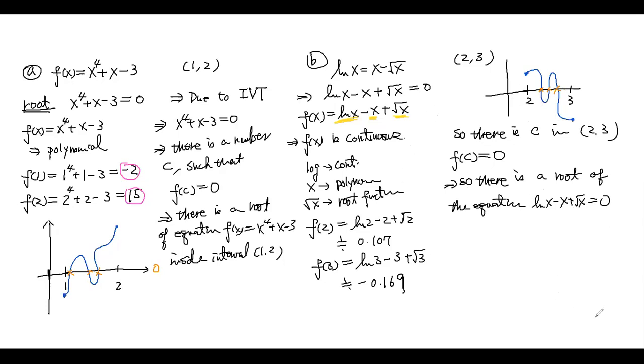So let's take a look at a couple of others, and then I think you will be very familiar with this and feel very comfortable doing this type of problem using the Intermediate Value Theorem. Okay, so this is e^x equals 3 minus 2x on [0, 1].